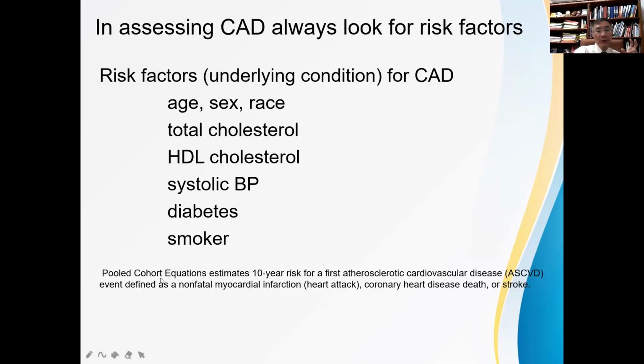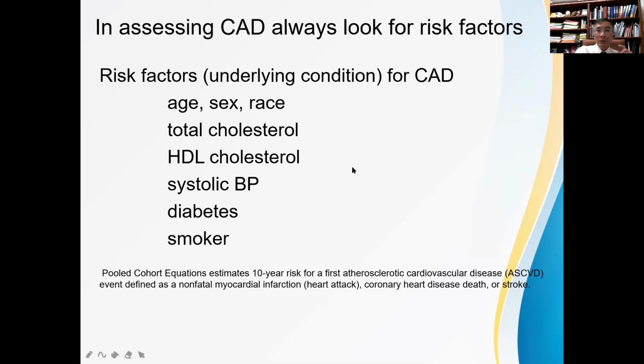If you go on the internet and look up the online site for the pooled cohort equation, when you enter the parameters for all these factors, you are able to come out with an estimated 10-year risk for an atherosclerotic event, defined as either a non-fatal heart attack, coronary heart death, or stroke. So the pooled cohort equation, and there are many other types of equations, predicts the likelihood that a patient will get an atheromatous ischemic event based on various risk factors.